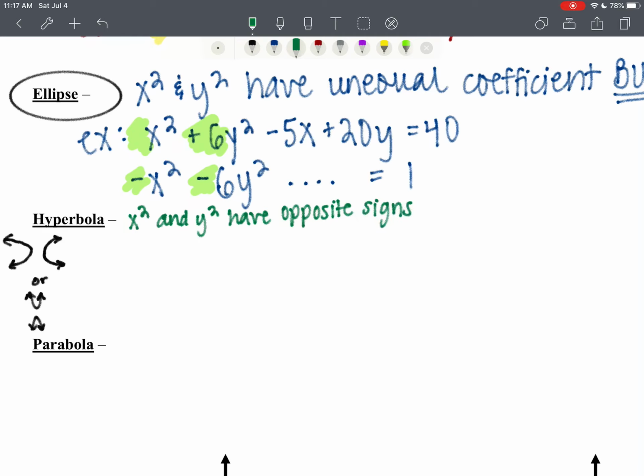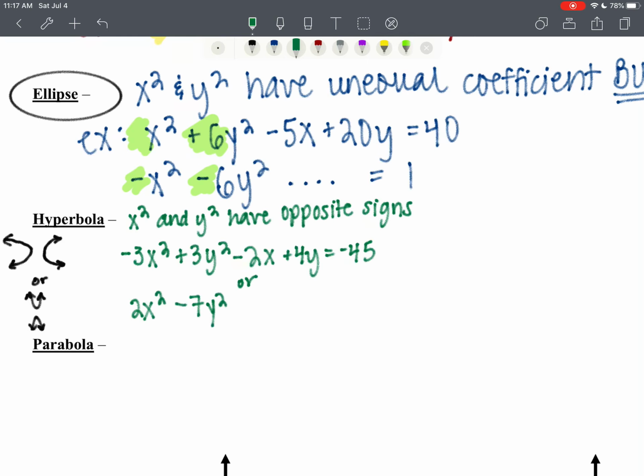So an example, you could have negative 3x squared plus 3y squared minus 2x plus 4y equals negative 45, or you could have positive 2x squared minus 7y squared plus 5x plus 3y equals negative 20.